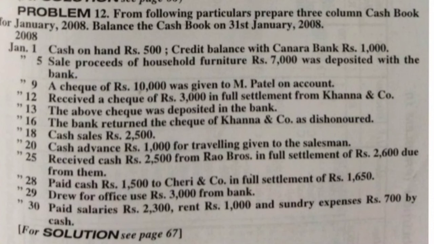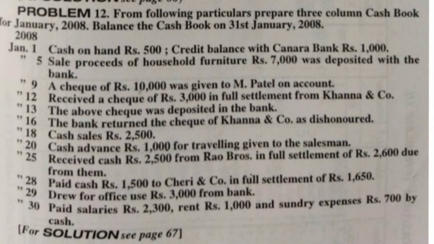Next, sale proceeds of household furniture rupees 7000 was deposited with the bank. Household furniture is not part of the business furniture. The owner is selling his own household furniture and depositing the amount into the office bank account.